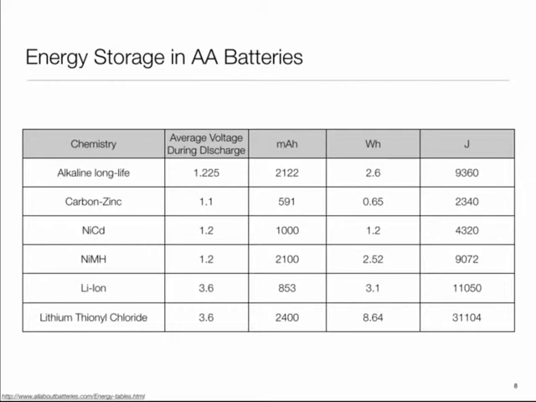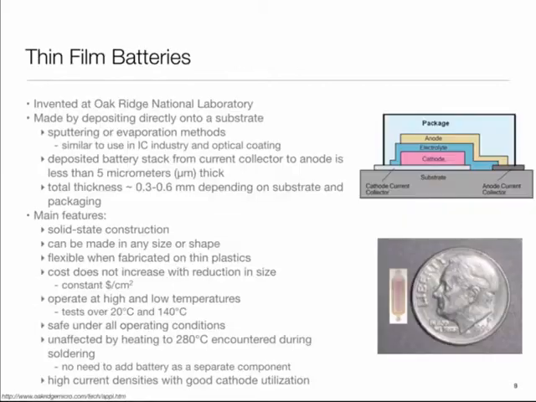Okay, so one of the more recent innovations in batteries is something called thin film batteries. The idea in thin film batteries is that we actually put batteries on the same substrate on which we make the electronics. So essentially, we have a silicon substrate, and we build up a battery on it. Literally, you have chips where the circuit is there, and right next to it, the battery is there on the chip.